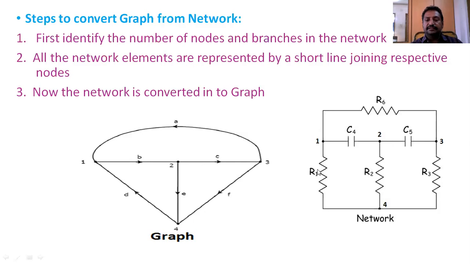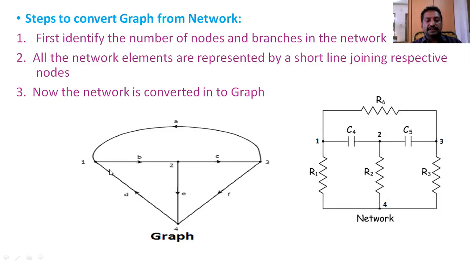First, you see branch A in between 1 and 3. Then in between 1 and 2, a capacitor is there. We replace it with a straight line, branch B. In between 2 and 3, capacitor 5 is there. We replace it with a straight line, branch C. And in between 1 and 4, there is a resistor, R1.